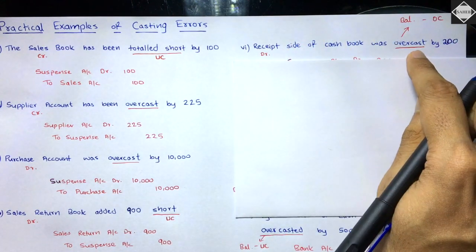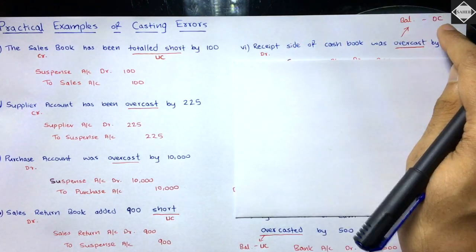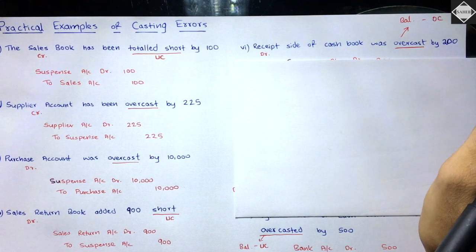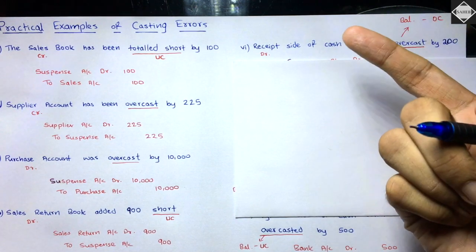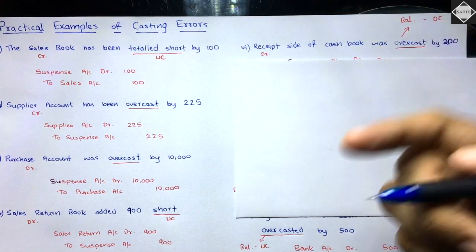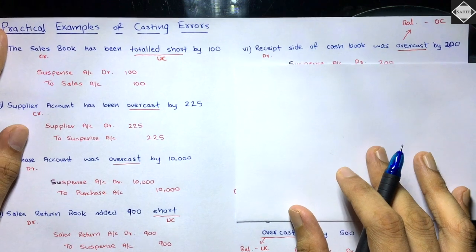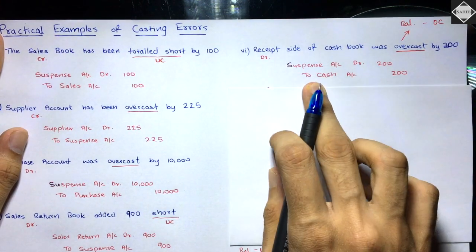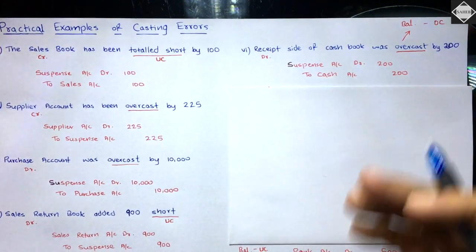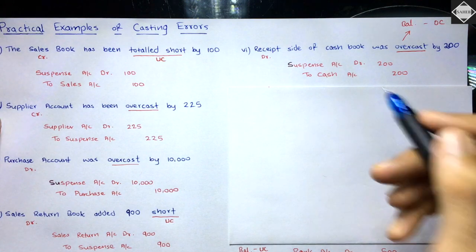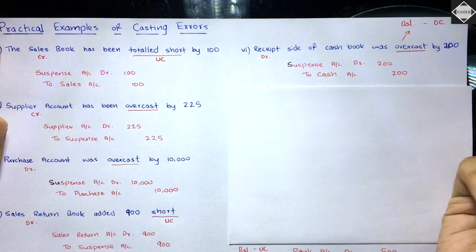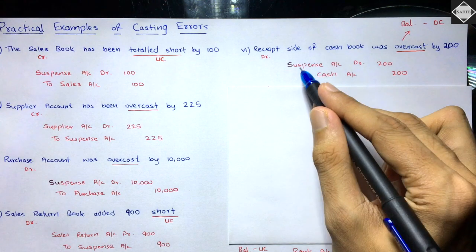Receipt side is overcast, that means balance is also overcast. So if balance is overcast, what will you do? You will reduce it. Which account will you reduce? Cash account. To reduce the cash account, what you have to do? You have to credit cash account 200 and then complete the entry with the suspense account.